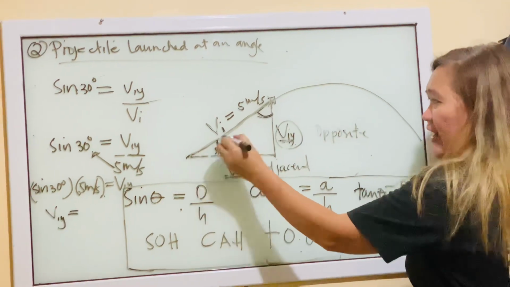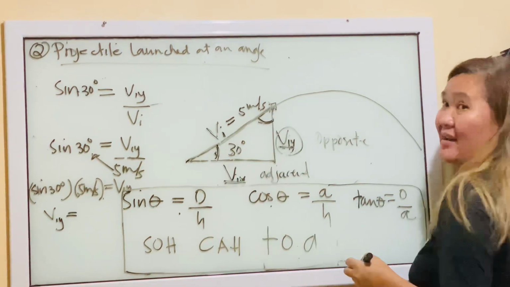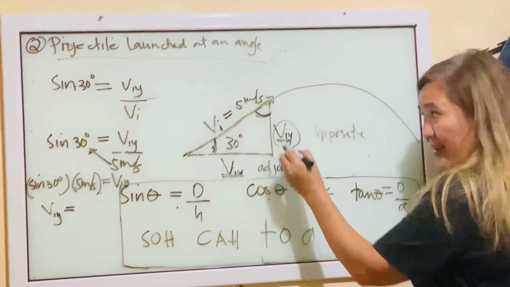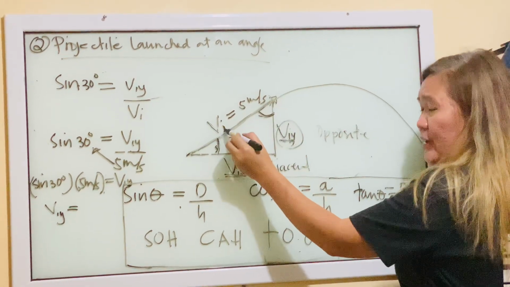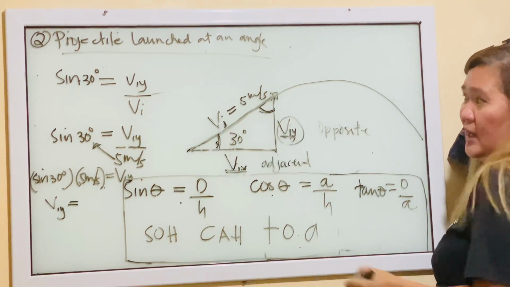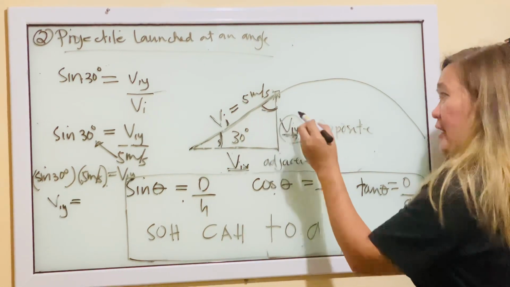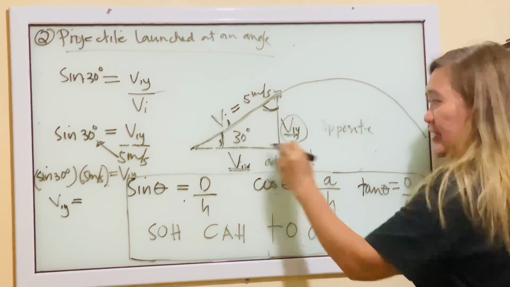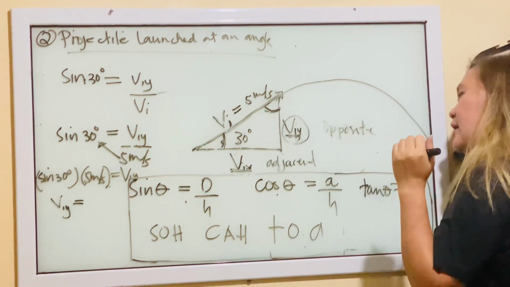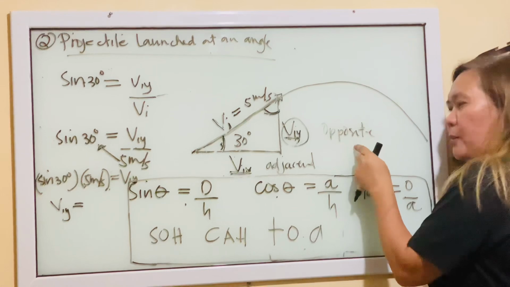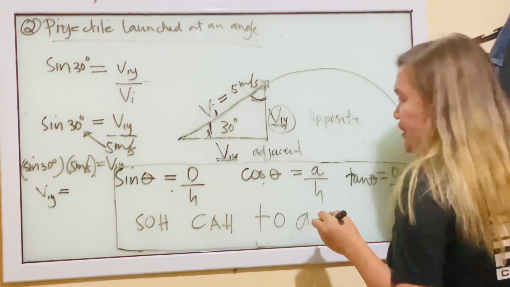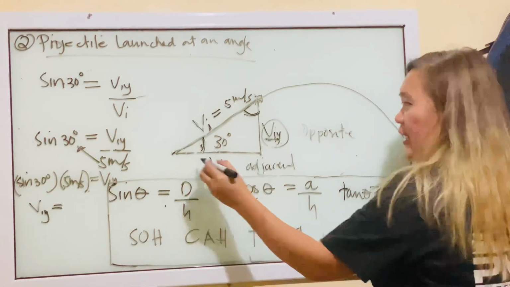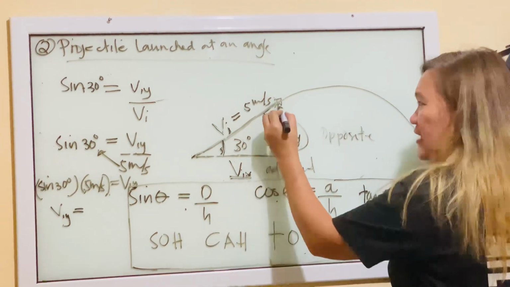So yung V sub I mo, mag-drawing ka ngayon ng right triangle. Right triangle. Okay? Out of your V sub I. Ang V sub I will be your hypotenuse. Ang dalawang sides na unknown ay whether either opposite or adjacent sides. Okay, so alin dyan ang adjacent and opposite? Okay, so magdodrawing ka ngayon ng dalawang side.